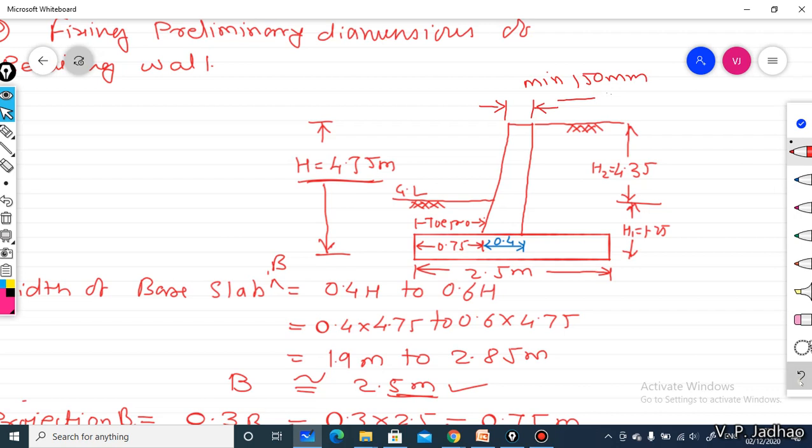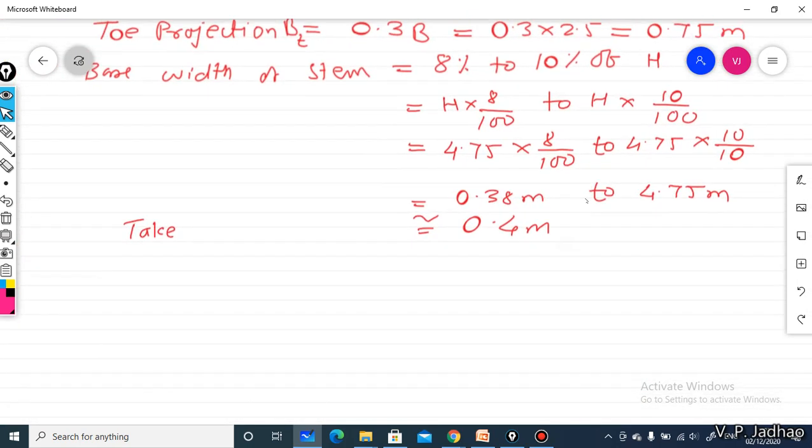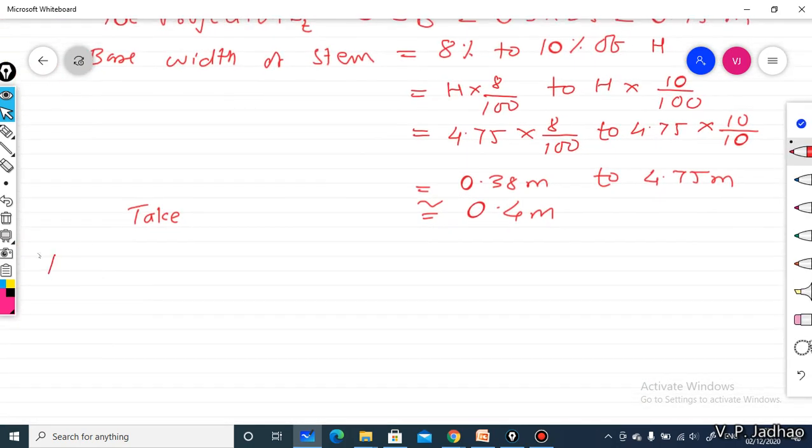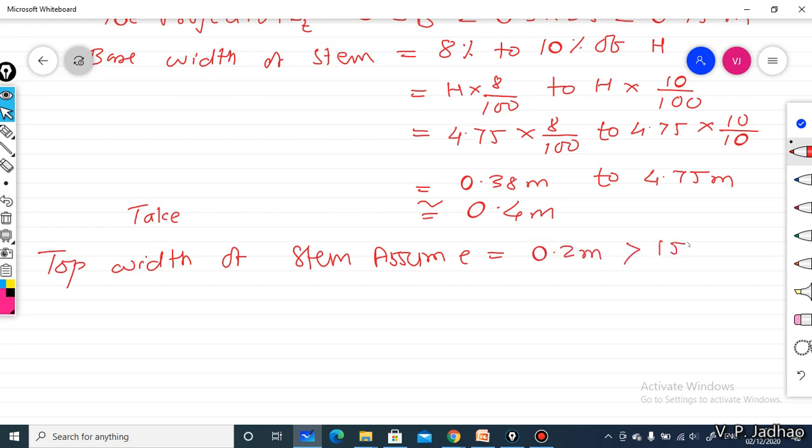We'll consider this top width of your stem as 0.2 meter, which is more than 150 mm.